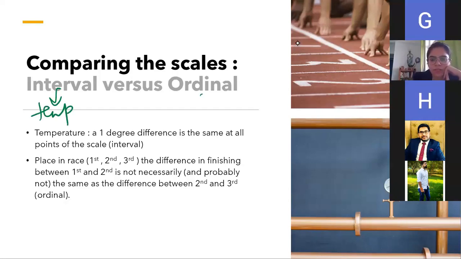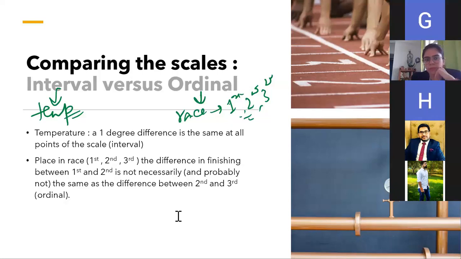And for ordinal, race. I gave you race, the first, second, and third, which comes by rank. So what is the difference between interval and ordinal, between this temperature and this race scale? What is the difference?